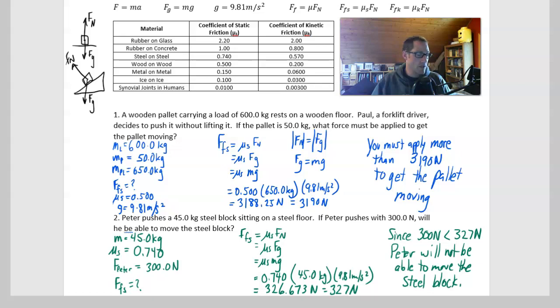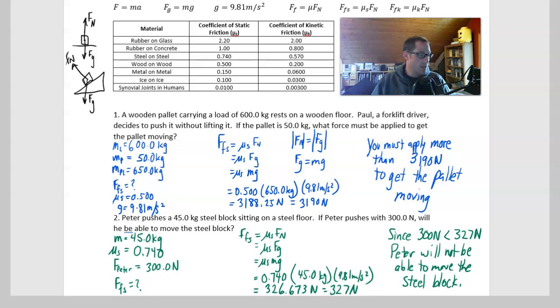So, question 5. This is just calculating ice on ice, and again you're going to find the static force and then the kinetic force, and you're going to determine if Mary has enough force to push in either case, and so you'll make a statement based on the results.